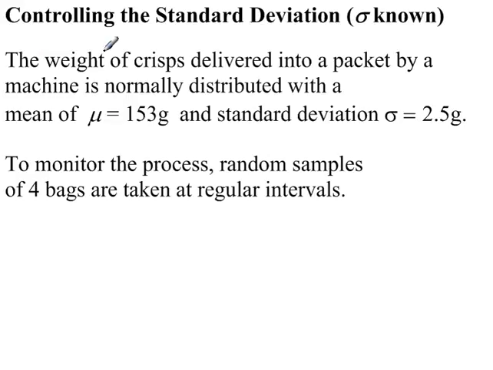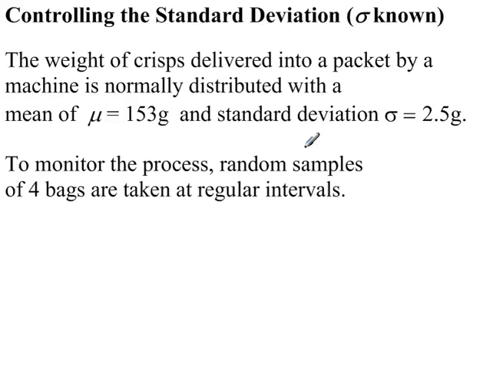So the machine here is filling packets of crisps. The weights of the packets of crisps are normally distributed. The mean is 153 grams. This standard deviation is for the population, so it's known, it's 2.5 grams.